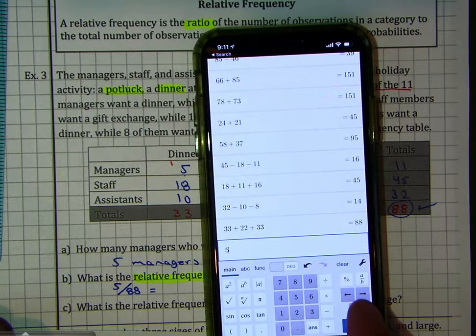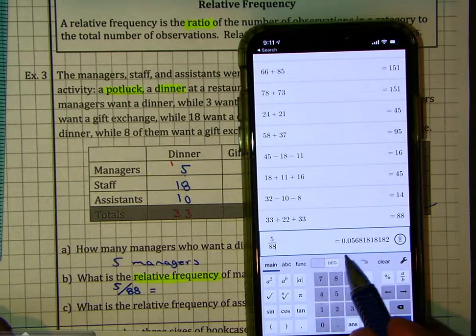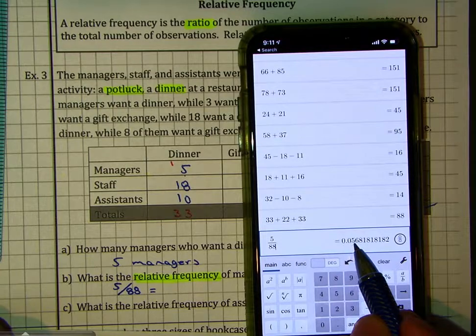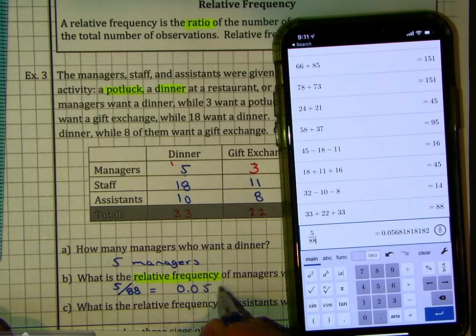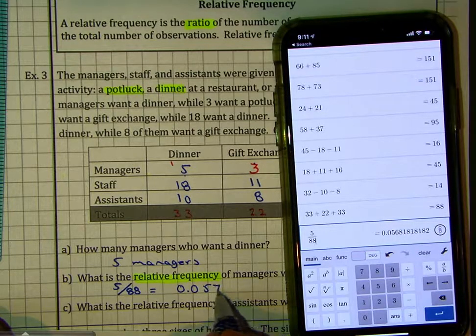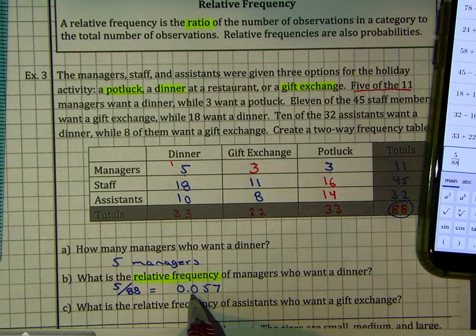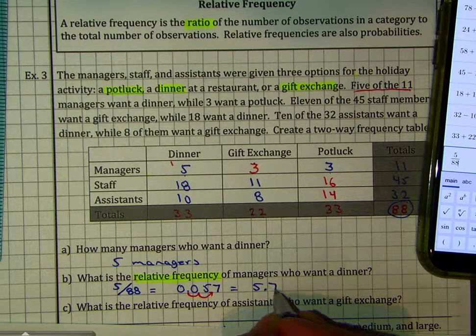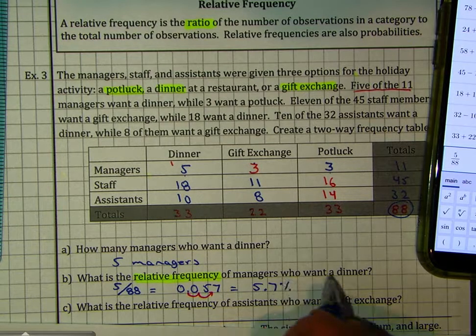We have 5 divided by 88. Just because it's such a small number, I want to have 2 digits. And now to convert to a percentage, what should I do? Move the decimal to the right once, twice. So therefore, it will be 5.7% is the relative frequency of managers who want a dinner.